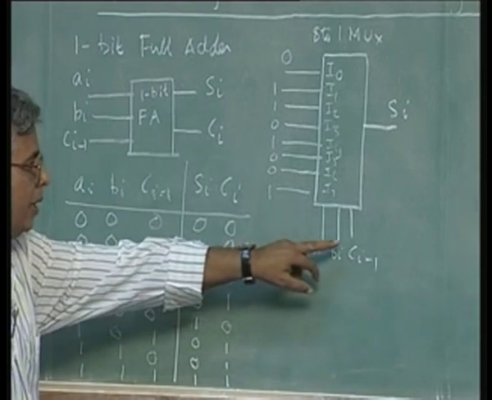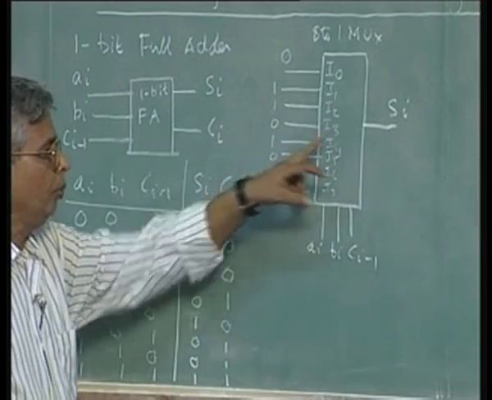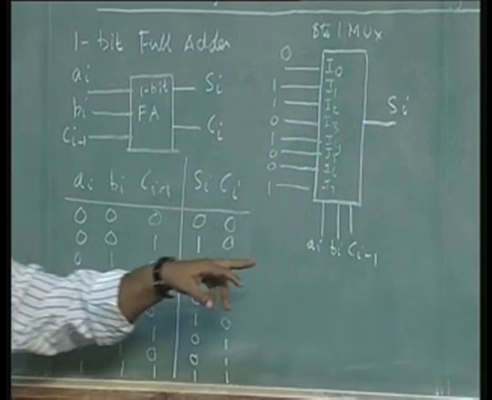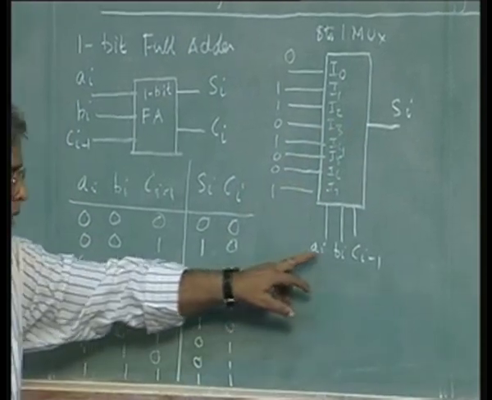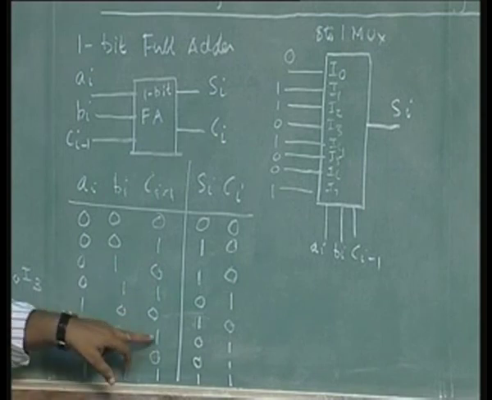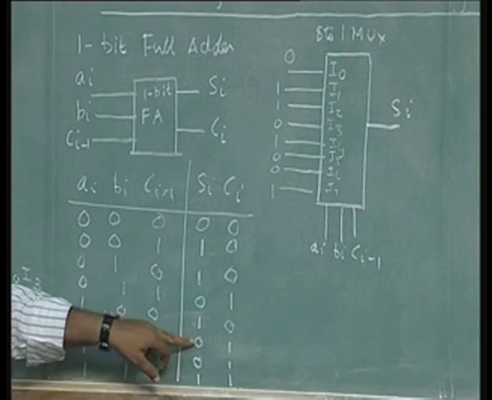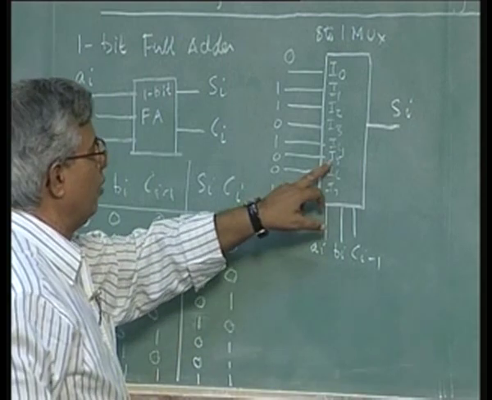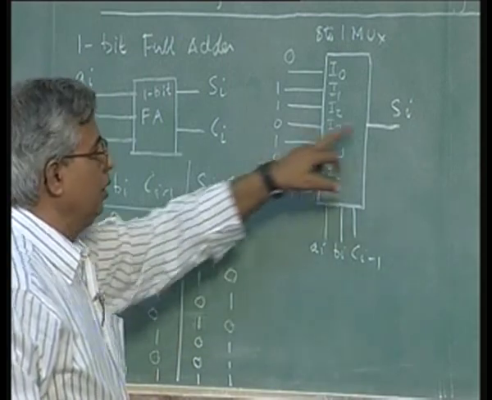Whatever is the combination, the corresponding input will be connected to the output. For example, if you take the combination 1, 0, 1, that is A is 1, B is 0, Ci minus 1 is 1, the output should be 0. So 1, 0, 1 corresponds to I5, and I have connected 0 to it, so the output will be 0.